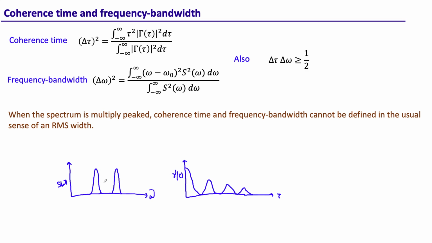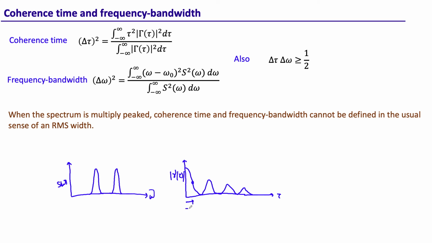Okay. So what we are seeing here is that for such a spectrum, we can have a degree of coherence function which is again multiply peaked, and now we see that this degree of coherence function becomes 0 at this point for this tau separation, and it again increases and then becomes 0, increases again, becomes 0. So if we choose 2 points in the field that are separated by this much time separation tau, then we find that these two fields are very nicely correlated because the degree of coherence function is this.